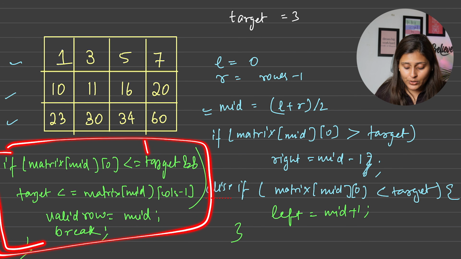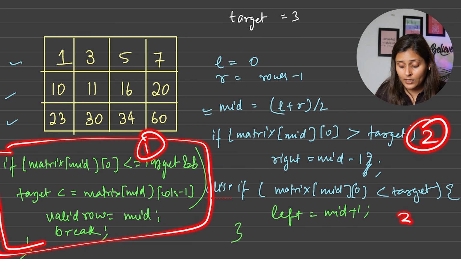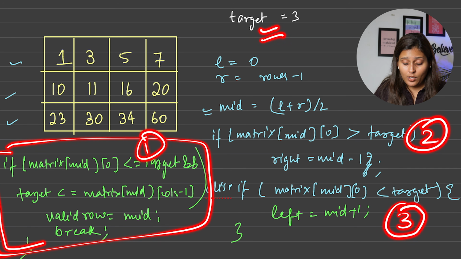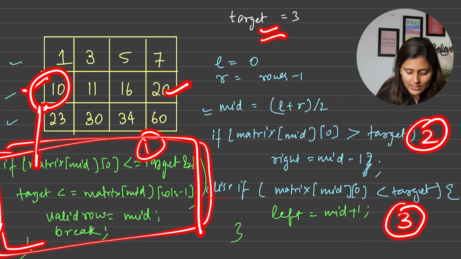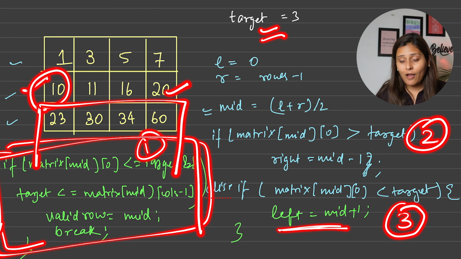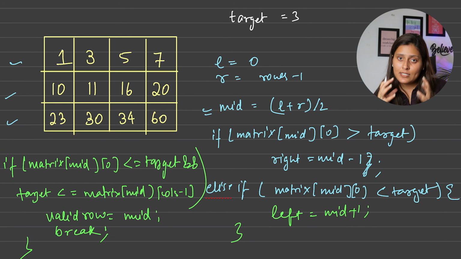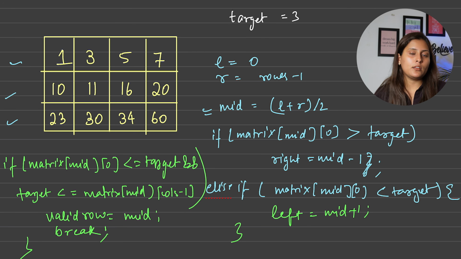This is the first if case, this is the second if case, this is the third if case. So if any target has not passed this first if case, meaning it does not lie between 10 and 20, and it says I am greater than 10, so definitely it would lie towards the downside. So definitely we have to move our left pointer to mid plus 1, saying that this target is beyond the mid value.